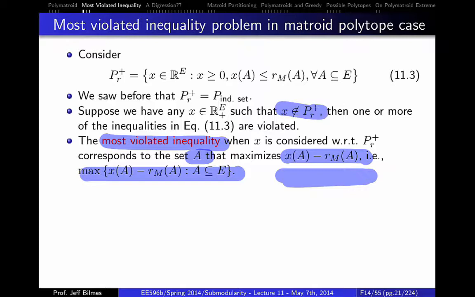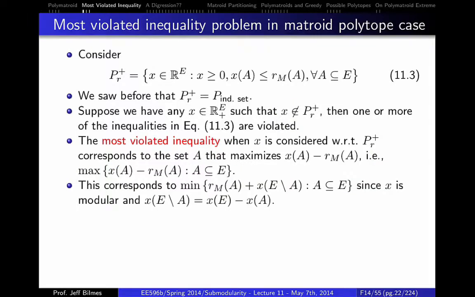There is at least one A such that the inequality is not true. So this maximization problem corresponds exactly to this minimization problem, right? Because to max that, we min the opposite, and then we add back in x of E, which is a constant with respect to the minimization, which is exactly the right-hand side of Theorem 9.4.5.